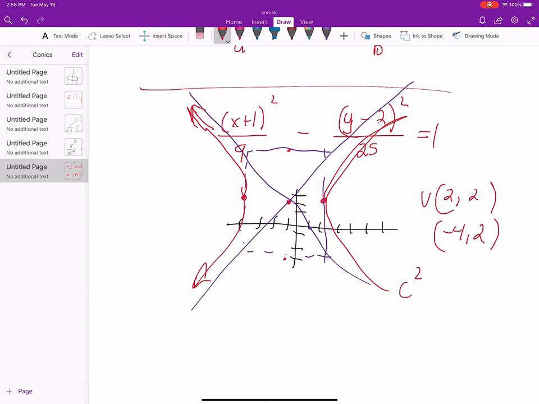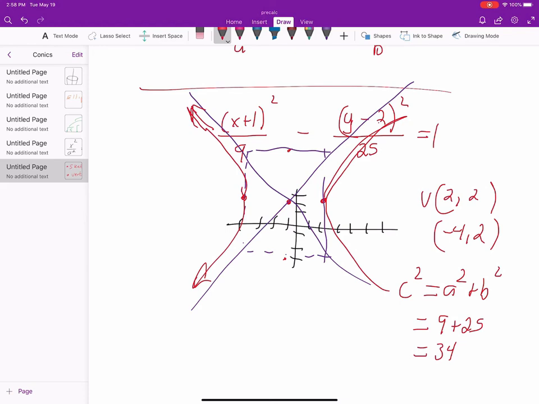Going to find the focus points. C squared equals a squared plus b squared. How nice is that? 9 plus 25. Last I checked, that was 34. So my focus points are going to be plus or minus the square root of 34 from that center. I know they're going to be along this horizontal.